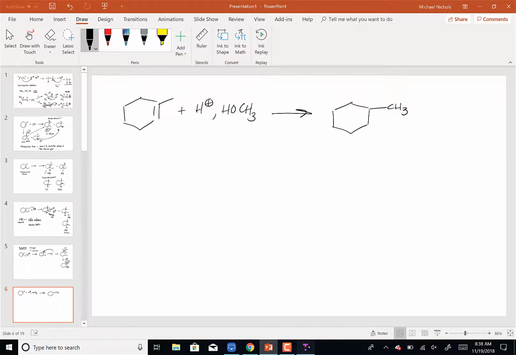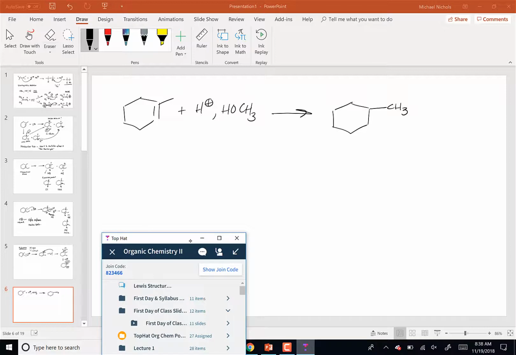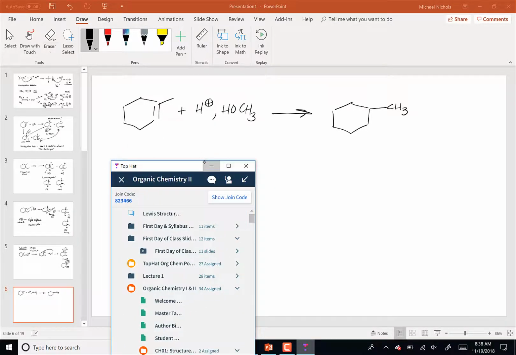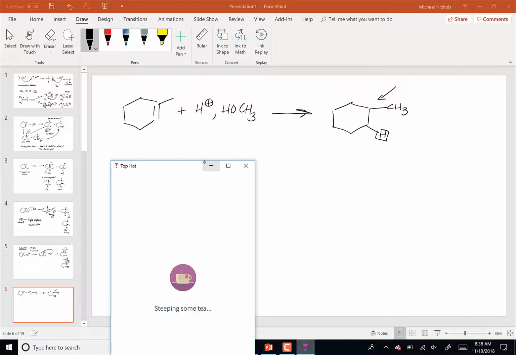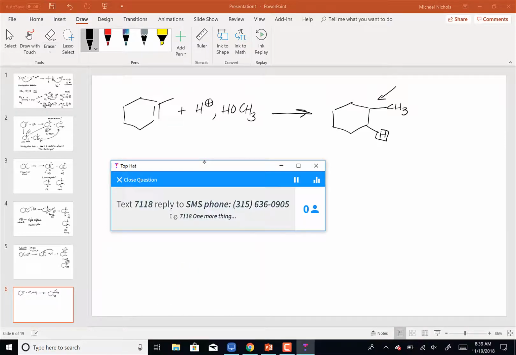All right, we need a voting question. So I add an H to the bottom carbon. What did I add to the top carbon? And that's going to be a word answer. So I just need you to type in the group. What group do I add up here?